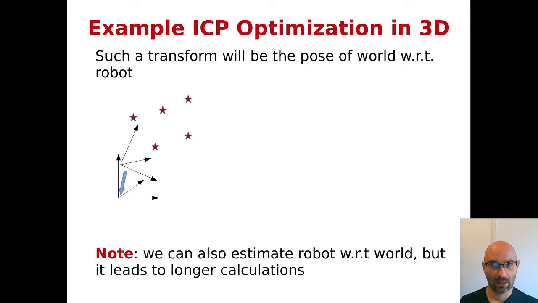Now, we have seen how to solve this problem in 2D last time, and we also have seen how to apply least squares to approach the bearing-only registration problem, which is, I know the location of a set of points in the world, and I sense the relative angle between me and these points, and based on these relative angles I want to determine my position in the world, or the position of the world with respect to me.